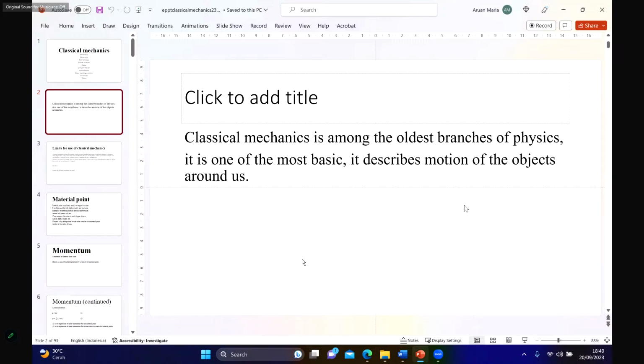It describes motions of the objects around us, and mathematically, the equations of classical mechanics are very similar to the equations of quantum physics, of other branches of physics. So that's why it is so important to understand classical mechanics. Any questions about anything?